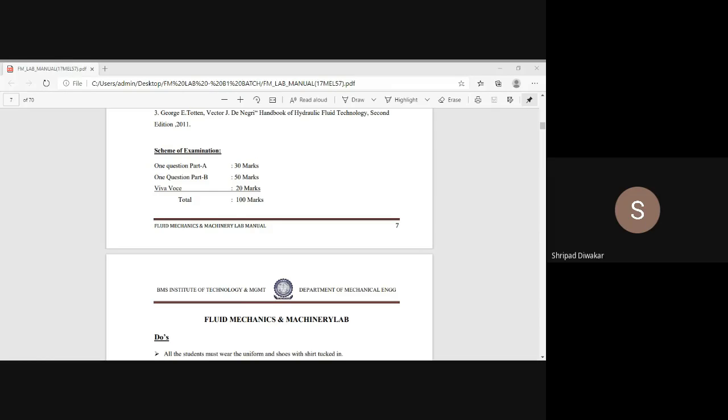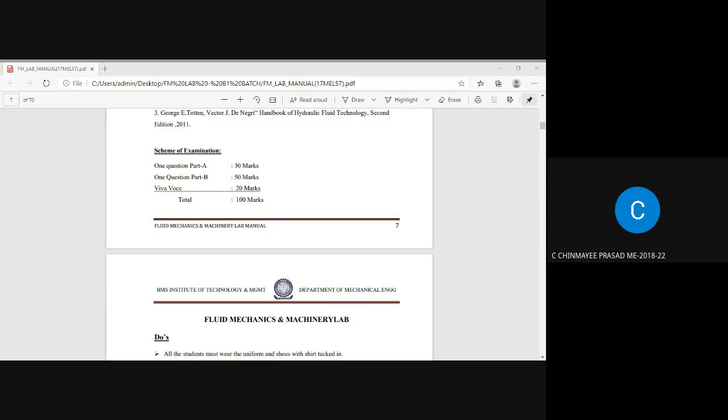Sir, we are seeing only the fluid mechanics part. We're not able to see the orifice meter page on the screen. Yes, sir, not visible. It is showing scheme of examination. You need to scroll down. Okay, I'll stop and I'll reshare once again. Yes, sir, scheme of exam is showing.